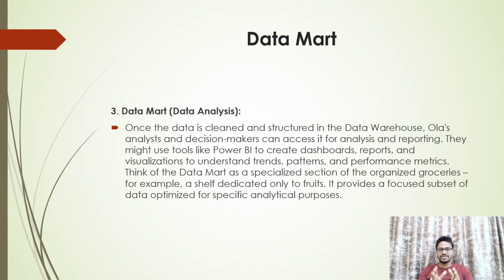Speaking of the real life example, what exactly happened? We took all the groceries from the market, put them at one place, which is the data lake. Then in the kitchen, we organize it properly, which is called the data warehouse. Within the kitchen, there is one shelf that is only dedicated for the fruits. That's what the data mart is.